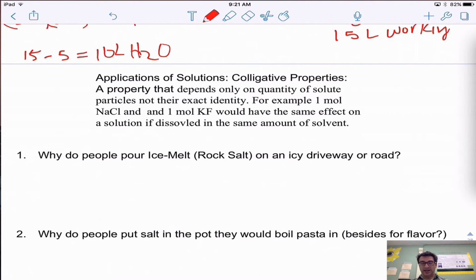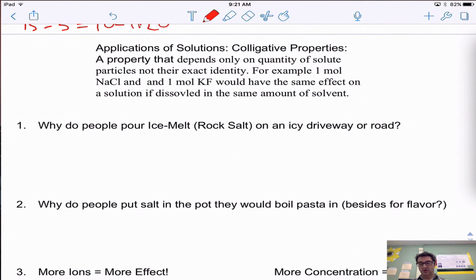The last thing that I want to end with for this video is something called colligative properties. The Regents is into the idea of qualitatively figuring out what a colligative property is. A colligative property is just a property that depends on how many solute particles I have.